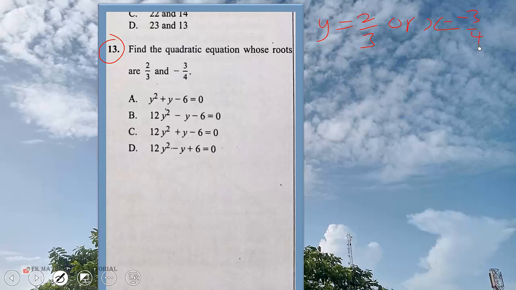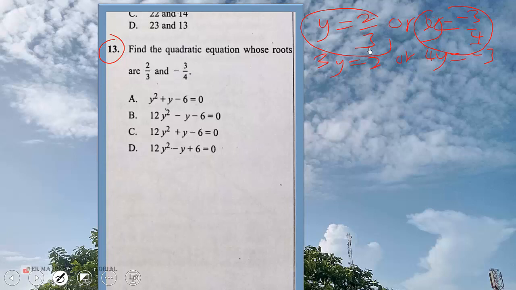So we multiply through by the LCM to get 3y is equal to 2 or 4y is equal to negative 3. When you take this, the LCM is 4. When we take this, the LCM is 3. So we cross multiply.